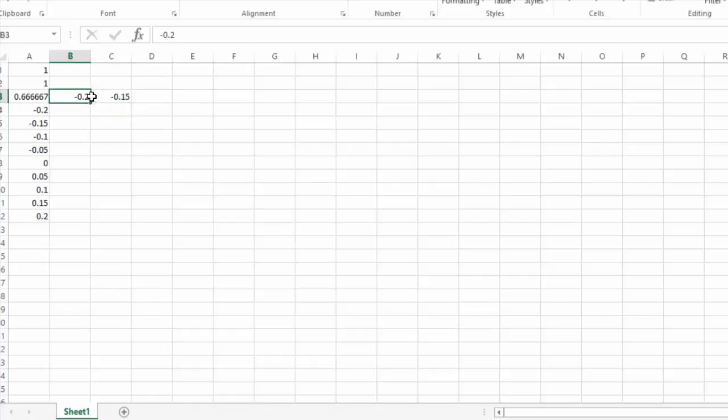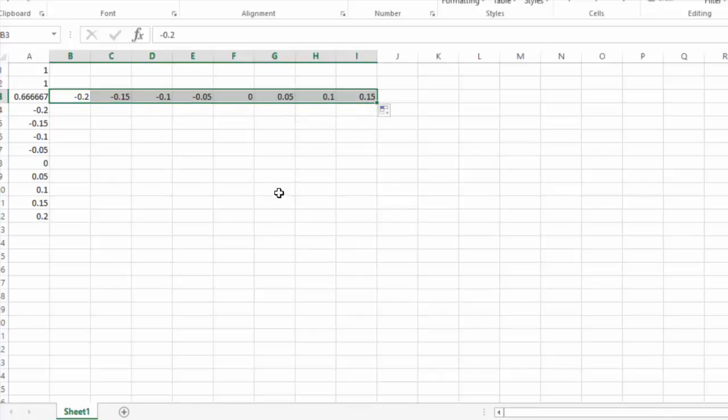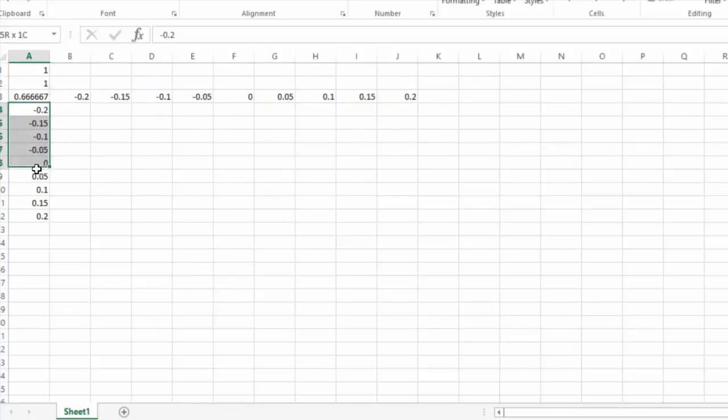And then let's drag the lower right-hand corner. Negative 0.05, 0, 0.05, 0.1, 0.15, 0.2. Oops, didn't get quite far enough. There we go. So these guys will be my y values. These guys will be my x values.